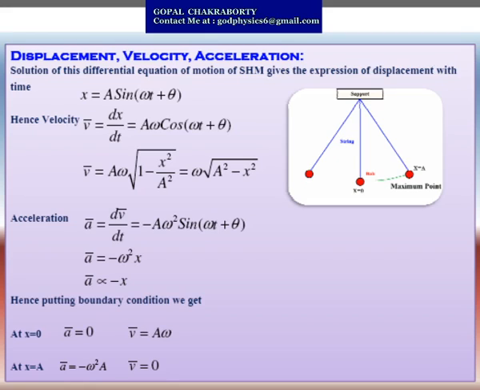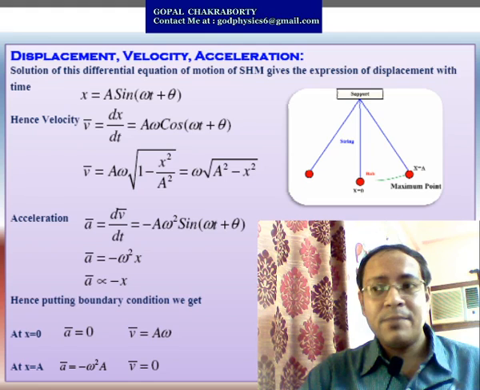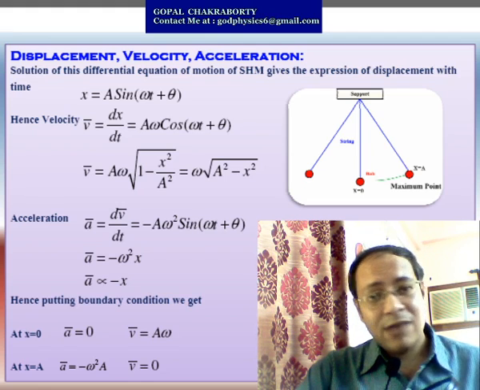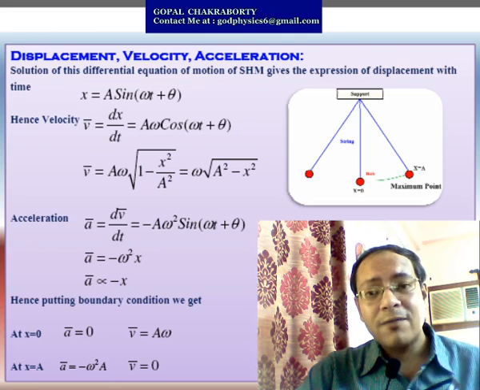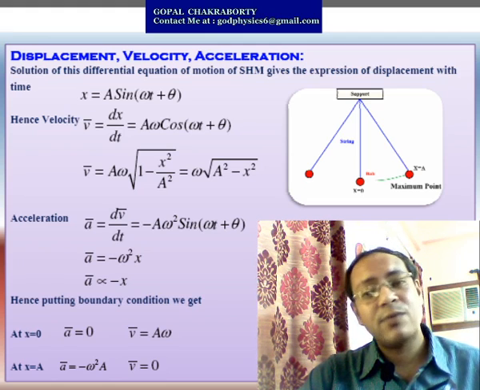Now acceleration is dv/dt, the rate of change of velocity. So that is minus a omega square sin(omega t plus theta). Now you see, if you substitute the value of x, you will get acceleration equals minus omega square x.